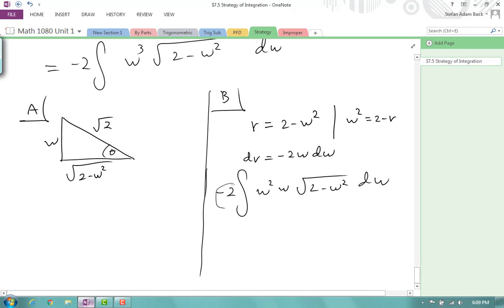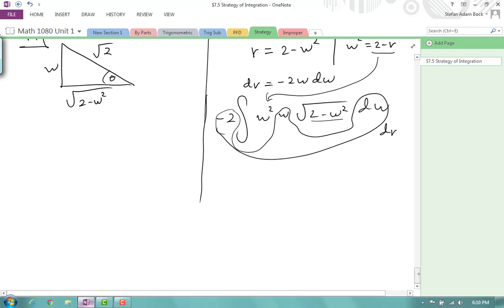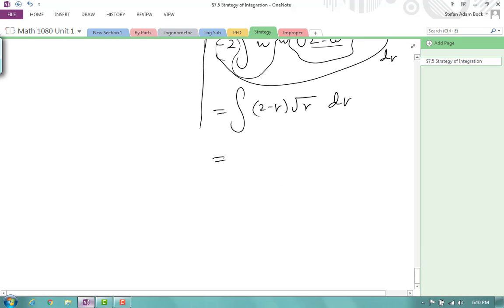So what do I got? Here's my minus 2. Here's my w. Here's my dw. This is my dr. My w squared is 2 minus r. And this guy is r. So if I complete this substitution, I'm going to have the integral of 2 minus r times the square root of r dr, leaving me with the integral of 2 root r minus r root r.